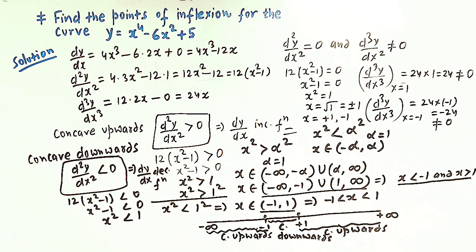So there is a change of concavity of the curve. At these points, the points are the points of inflection, that is x is equal to minus 1 and plus 1, right? So at x is equal to minus 1, the concavity changes from concave upwards to concave downwards. And again at x is equal to plus 1, the concavity changes from concave downwards to concave upwards.